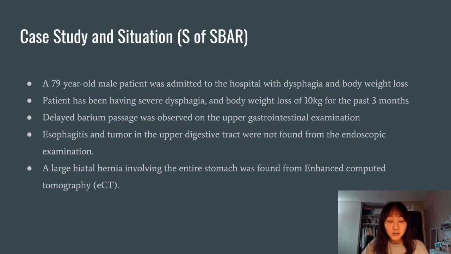That means a blockage. Esophagitis and tumor in the upper digestive tract were not found from the endoscopic examination, and a large hiatal hernia involving the entire stomach was found from the enhanced computed tomography.